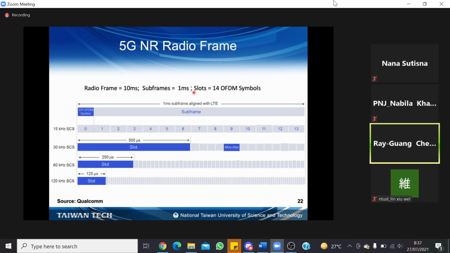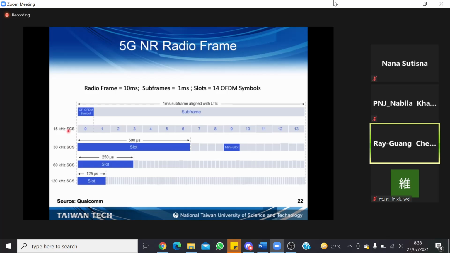One slot is equal to 14 OFDM symbols. The duration of the symbol depends on the numerology, depends on the subcarrier spacing. In this case, this 1 millisecond in 15 kHz subcarrier spacing, they have 0 to 13. Each one of them is an OFDM symbol.